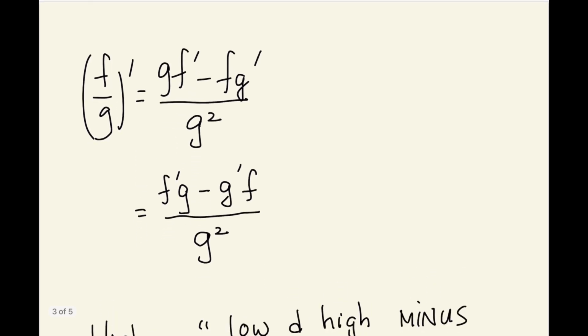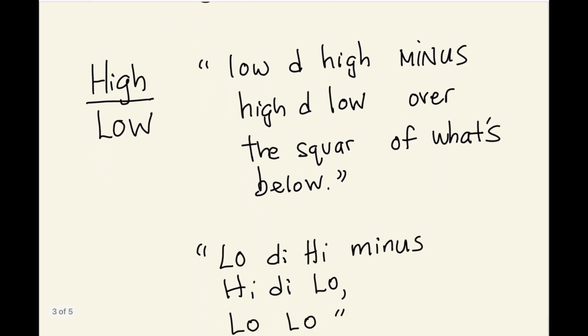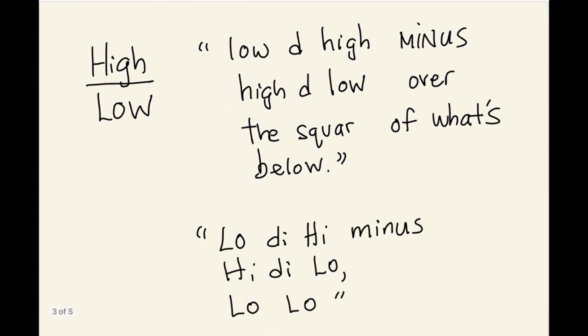Another thing I want to point out is that there are all these ways people try to remember the quotient rule. I usually just remember that there's subtraction, and the function you differentiate first is the top function, and then I remember the basic shape. But there are other ways. For instance, people write it as high over low.